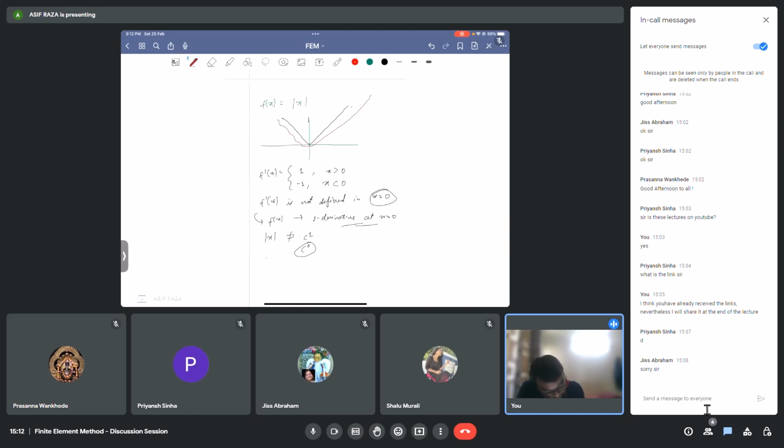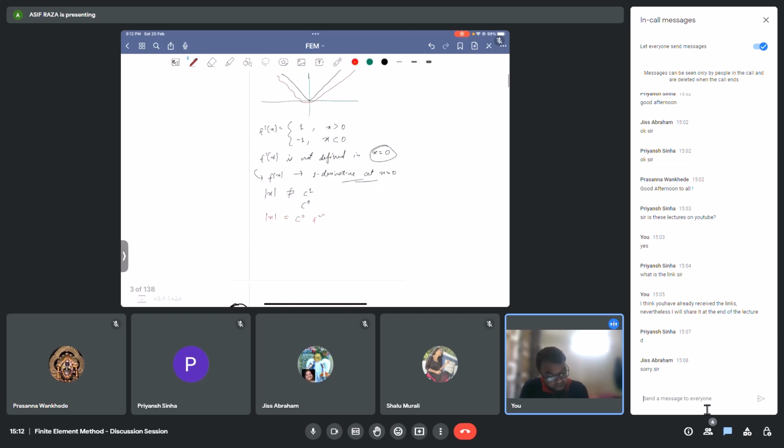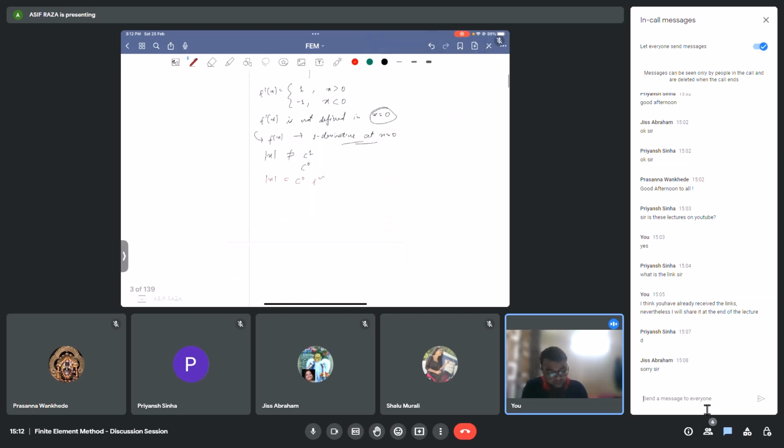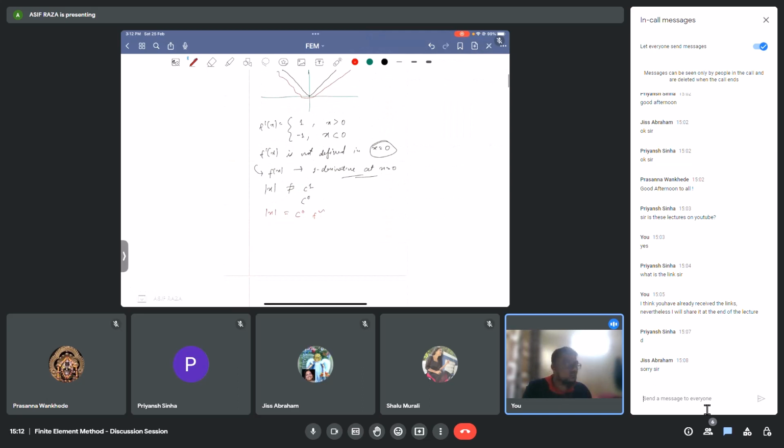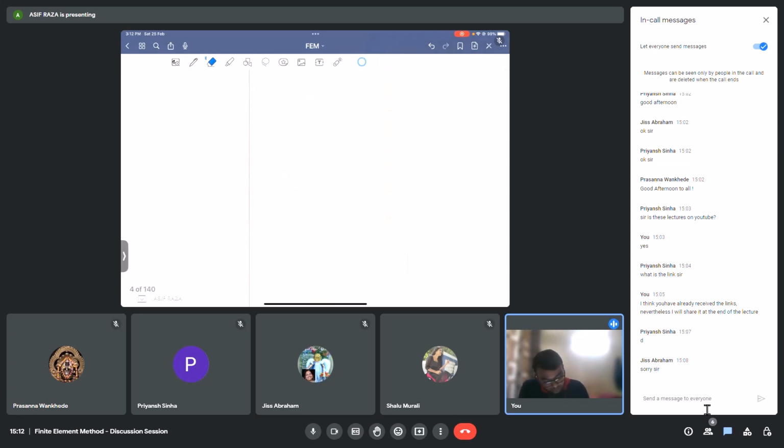So mod x is a C naught function. Similarly, there are a few more examples where functions are C naught, C1, but might not be C2. Okay, let's move on to another basic question.